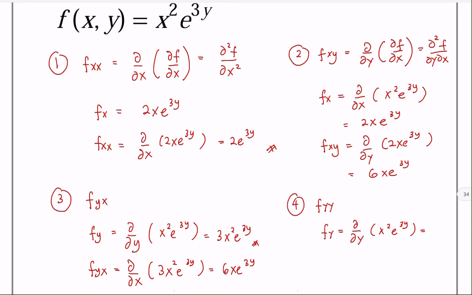So we obtain 3x squared e 3y. And then we differentiate it again, del y of 3x squared e 3y, which we will obtain 9x squared e 3y.